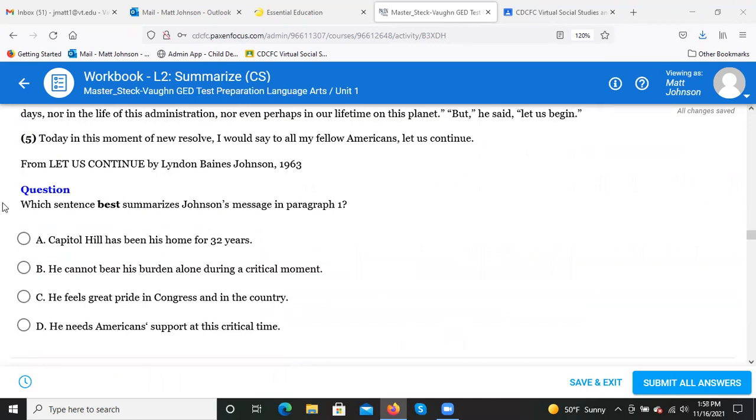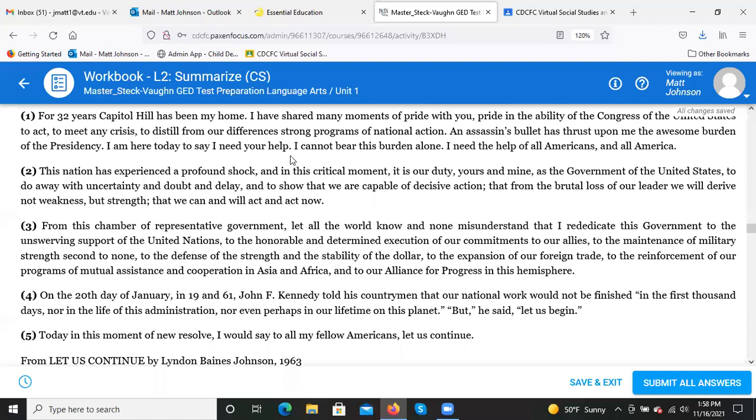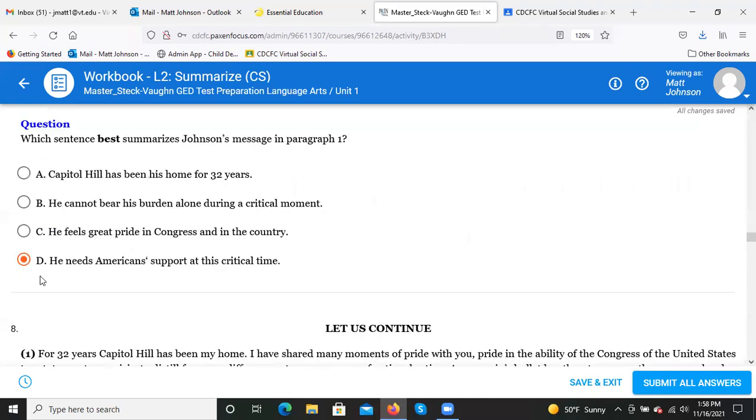So is that D? B, no, it is D as in dog. Looking at the last part of that paragraph again, it says, I am here today to say I need your help. I cannot bear this burden alone. I need the help of all Americans and all America. And then D, he needs American support at this critical time.